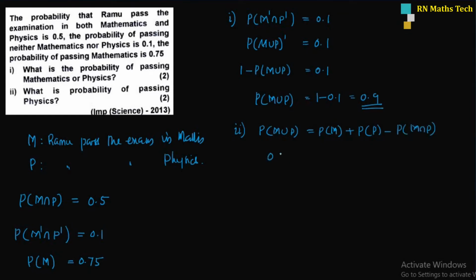P of M union P is 0.9, which is equal to P of M, which is 0.75, plus P of physics.